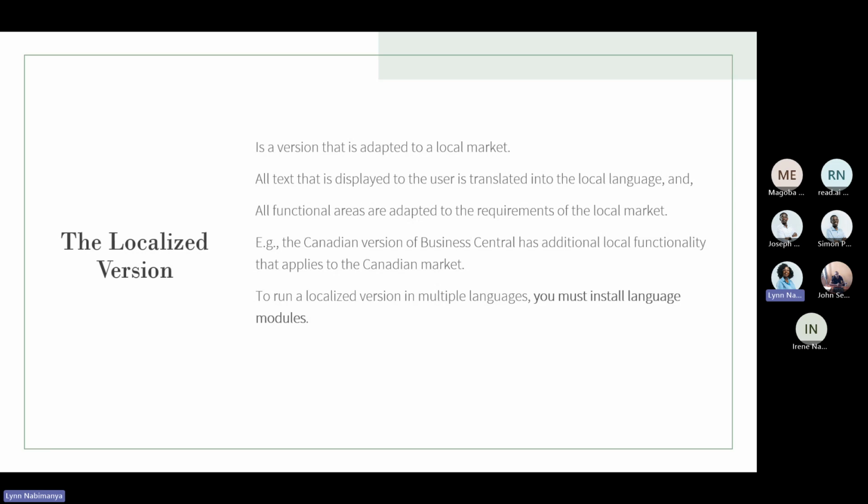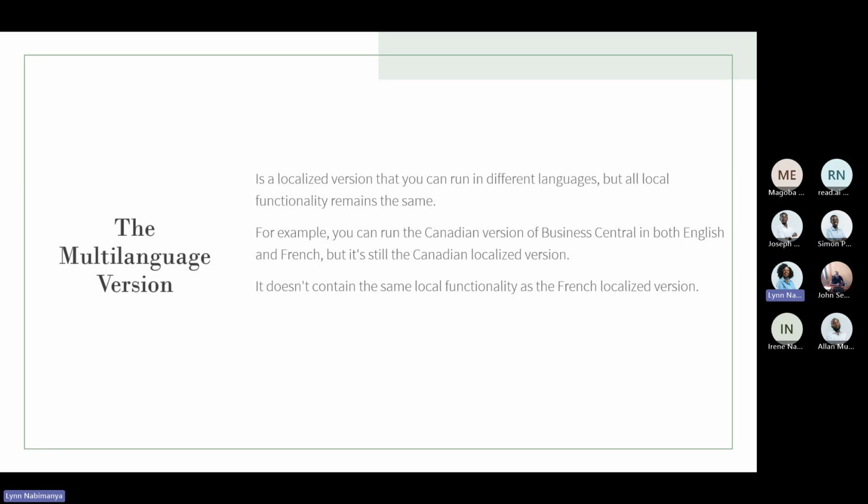If you want to run a localized version in multiple languages, so you see, you can have that version in multiple languages, you need to install language modules. This is something we are going to take a look at in our practical sessions. So we had a localized version and then a multi-language version.